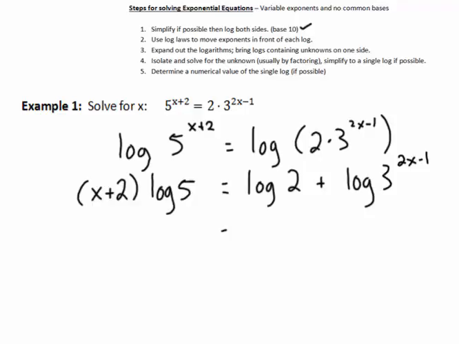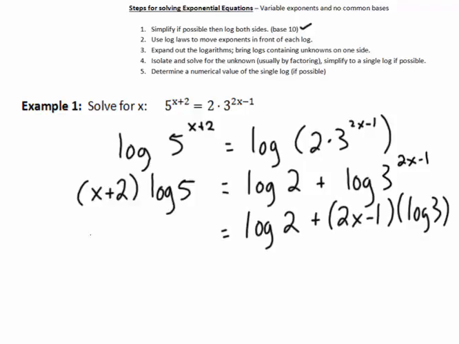That now allows us to bring down the exponent, so we'll have log 2 plus 2x minus 1 times log 3. And on the other side, we have x plus 2. And again, I'm just going to put it in brackets so we're clear, multiplied by log 5. That allows us to use the log laws and move the exponents down in front.